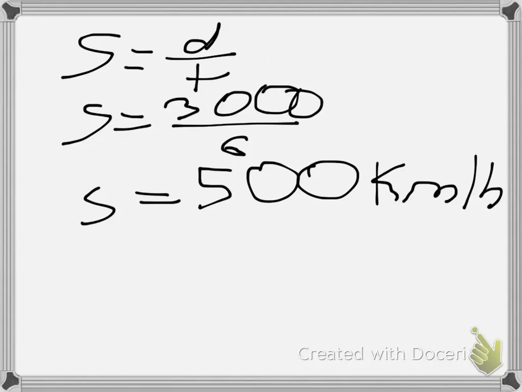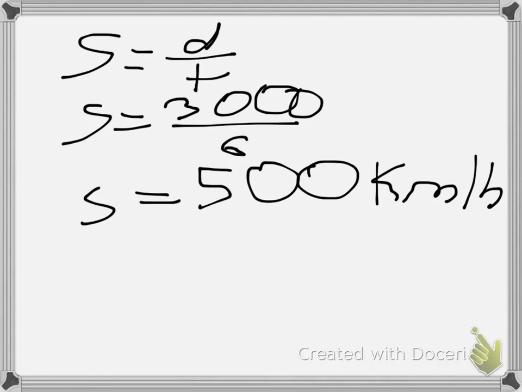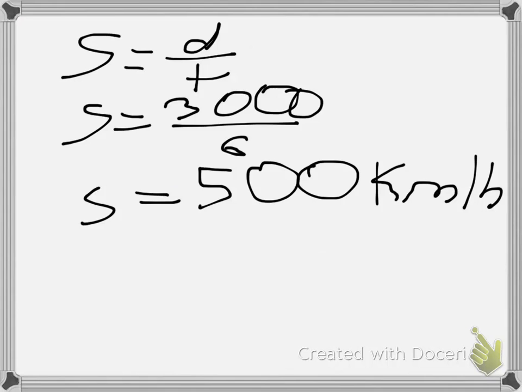So basically, now we know that the speed of his first one was 600 kilometers an hour, and the second one was 500 kilometers. Now the first one, the wind would have affected him positively by boosting his speed, and the second one, the wind would have affected him negatively by decreasing his speed.